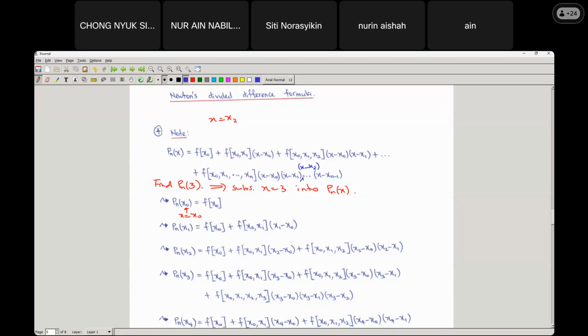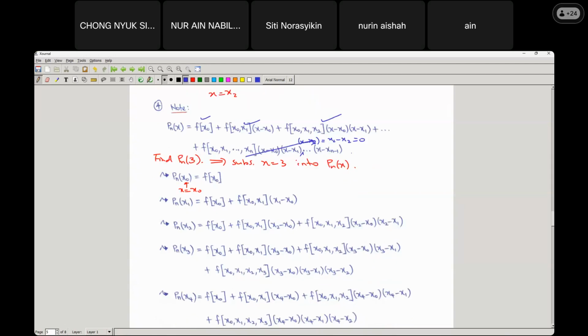So x minus x2 is equivalent to x2 minus x2, which gives 0. That means this term is gone, and you are only left with this one and this one. This is how we get this. The rest you can try by yourself.